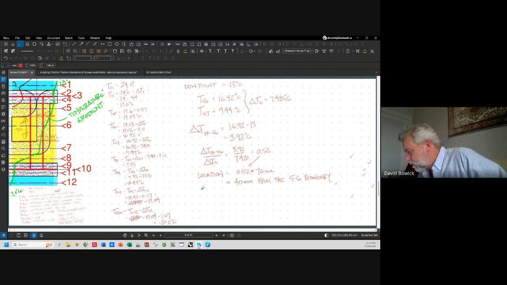So let's check this. Delta T from the dew point to the 6, 7 boundary over delta T at 6, 7.